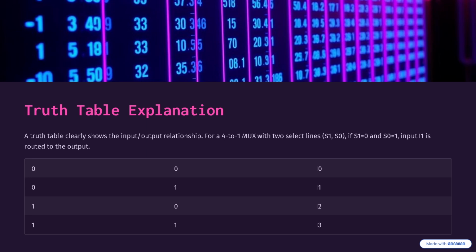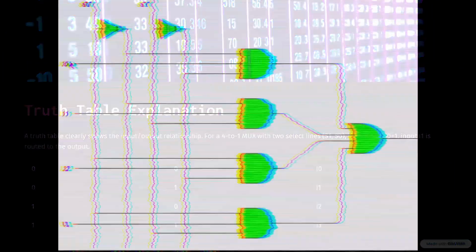On our truth table, we have the first input 0 and the second input 0 given as I0, the first input 0 and second input 1 given as I1, the first input 1 and second input 0 given as I2, and both inputs 1 given as I3.